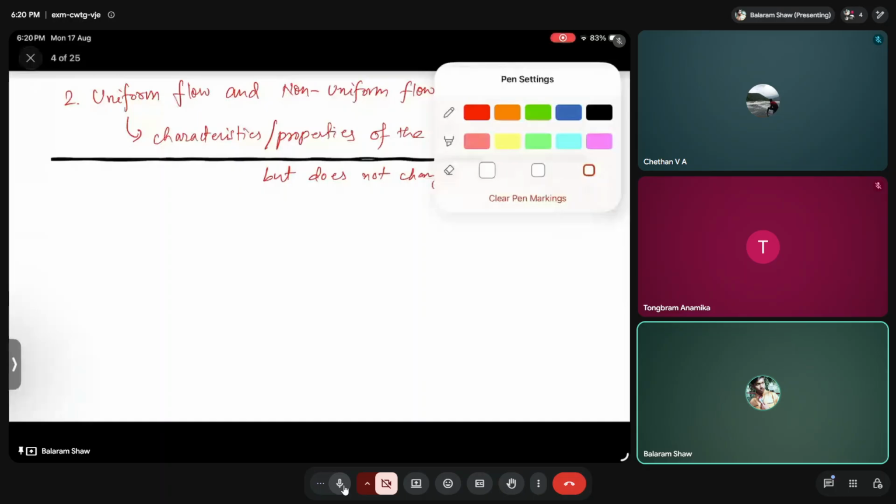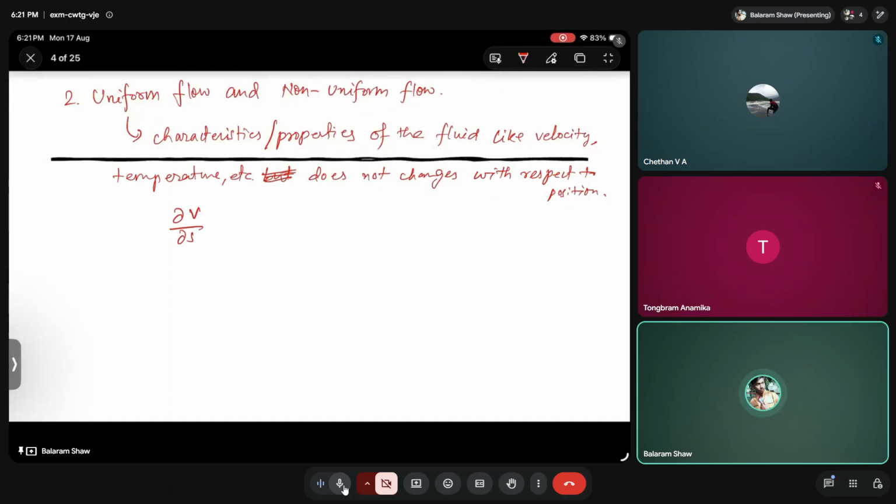If you are seeing in one dimension only, then you can write del v del s at any time, that is t equals constant, will be equal to 0.